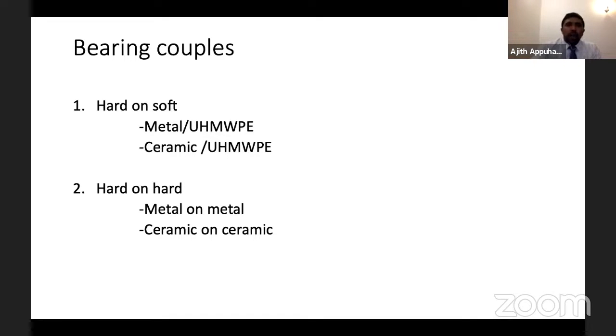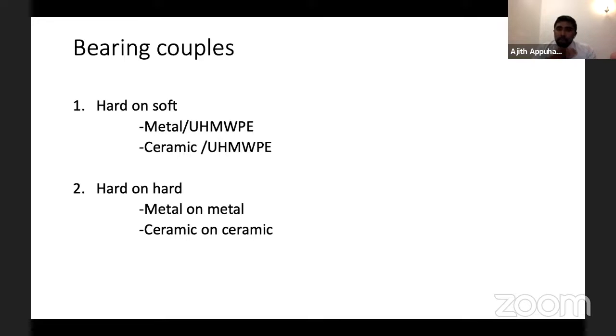When you talk about hard on hard, the bearing couple is quite liable to get more wear volume. Within the first year, there's a high chance of getting volume of wear debris. And the next thing is, as I said before, a large head means greater radial clearance, so there's a high chance of getting more volume of wear.